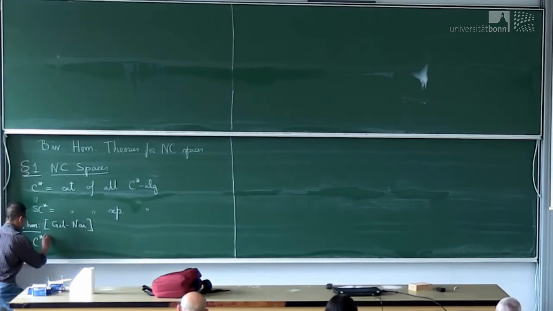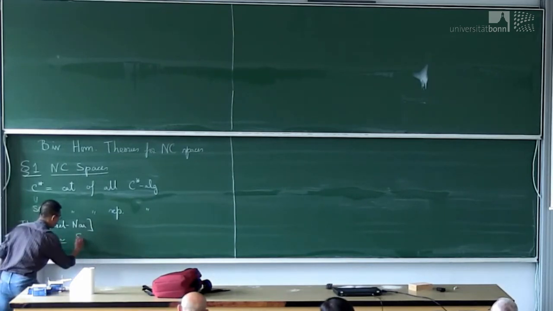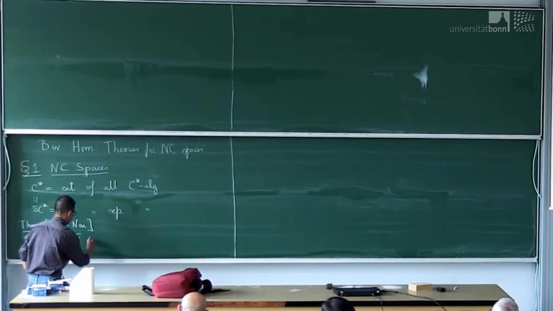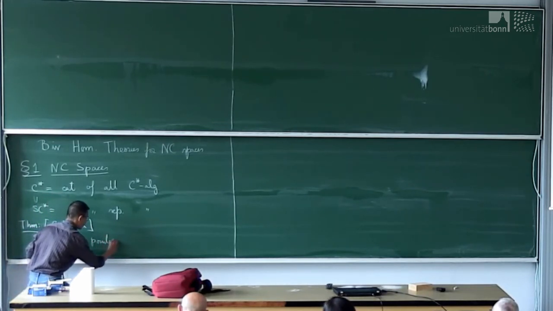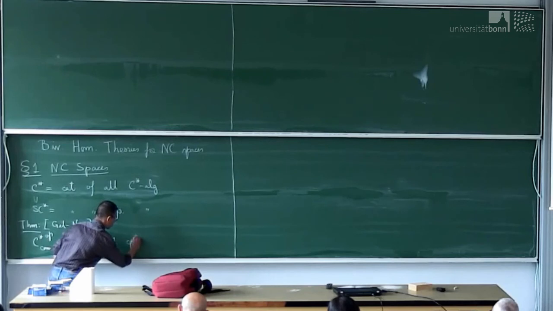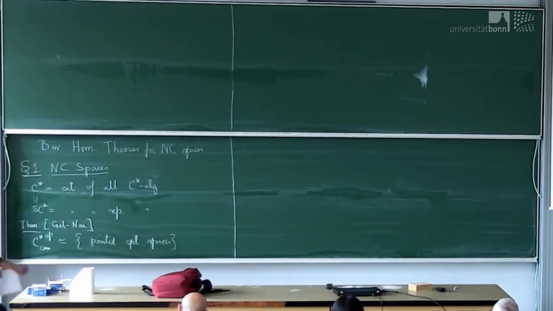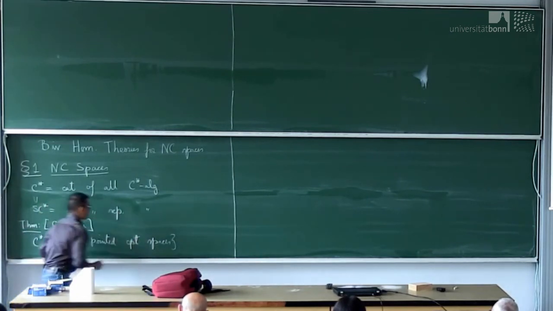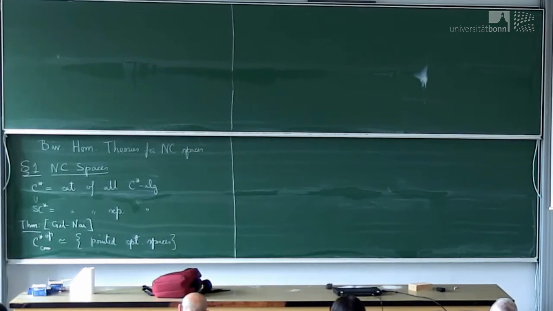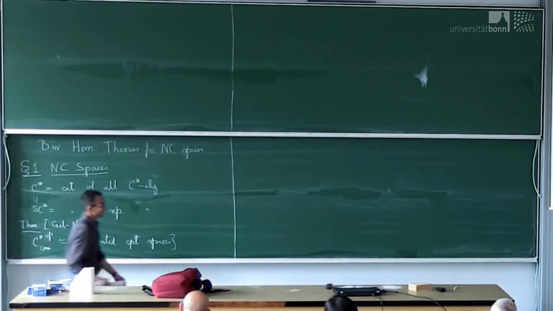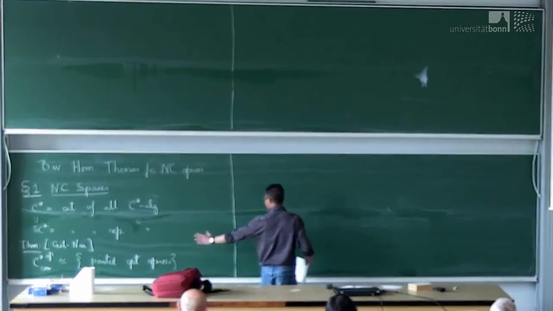If you look at the opposite of the category of commutative C-star algebras, then that would be equivalent to pointed compact spaces. And since this event is organized by the Hausdorff Institute, I think that treating non-Hausdorff spaces is a blasphemy. So I won't explicitly write it down.